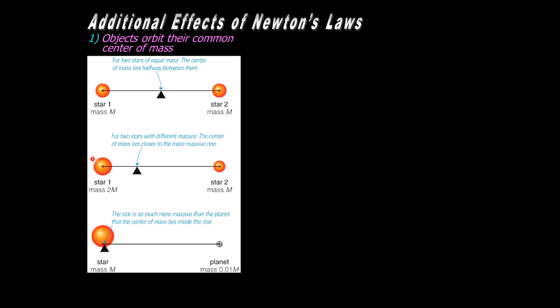Now, if you increase the mass, twice the mass, then that pivot point just shifts over to the larger mass. When you have a star and a planet, like our star, the Sun, and a planet, Earth, then the pivot point is extremely close to the center of the parent star.